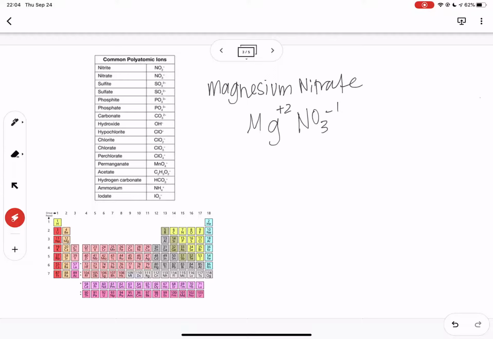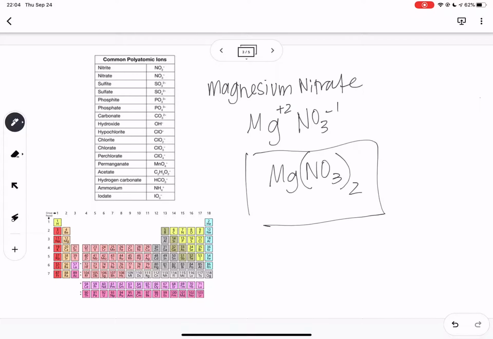So same as before, you're going to crisscross those charges, and this becomes Mg(NO3)2. Now, how did I know to write the parentheses? Well, I need to show that I have 2 nitrates, so 2 -1 charges to balance the +2. All right, so that is the formula there.